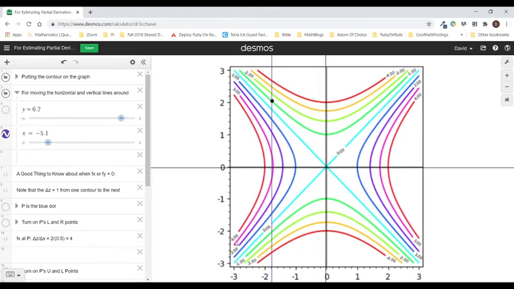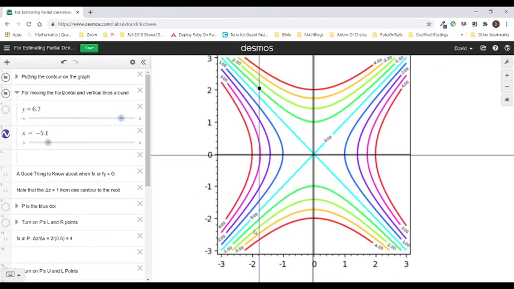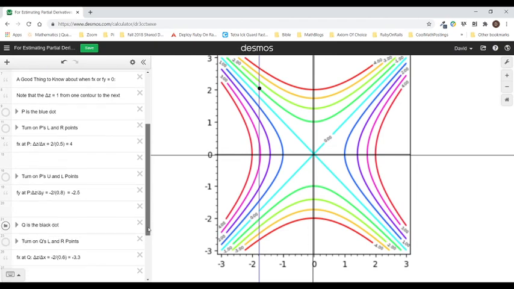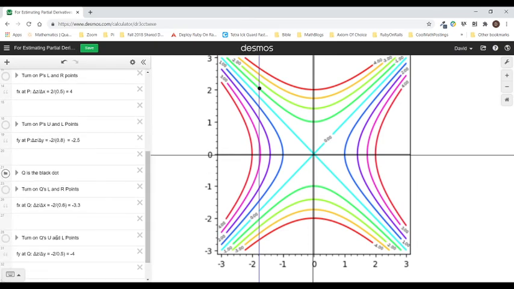I can see that the z values are negative, then positive, then negative again. So I'm thinking the slope's going to be negative. I want a point just past it and a point just before it. I think I have some points there that'll do that for me. I get that and that. I want the delta z from the lower point to the upper point because I'm headed north. The delta z should be -2 because you can see that the z values are becoming more negative.